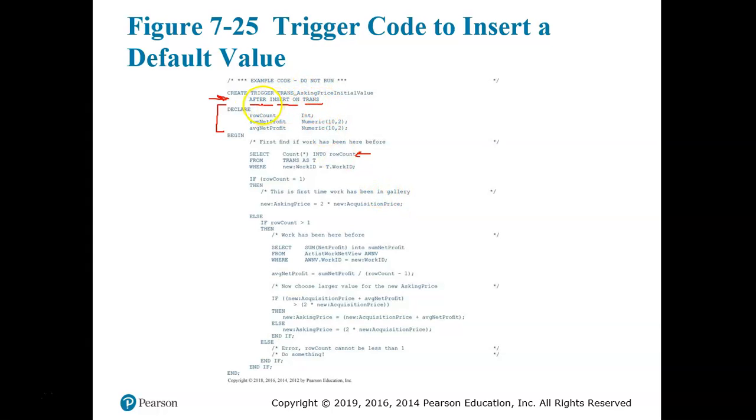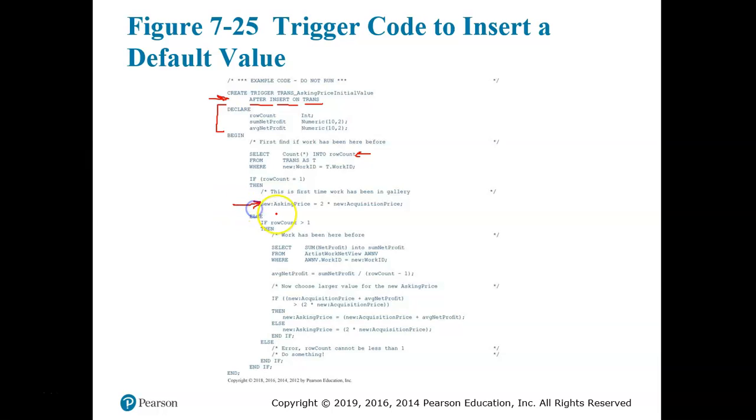Because we are executing this after the insert. So if it's 1, then this work has already been inserted, and the number of records that have this work ID is equal to 1. So this is the first time the work has been in the gallery.